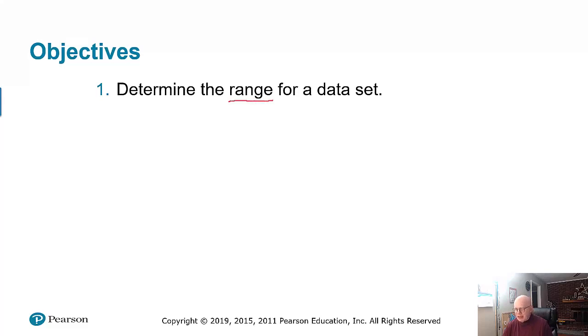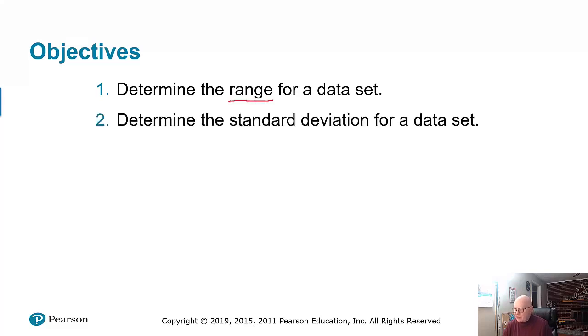Range, an easy one. Standard deviation, not so easy, especially if you do it the way they suggest in these slides. Heaven forbid. Come on. Come to class, we'll go over a few things, and you'll be an expert in no time.